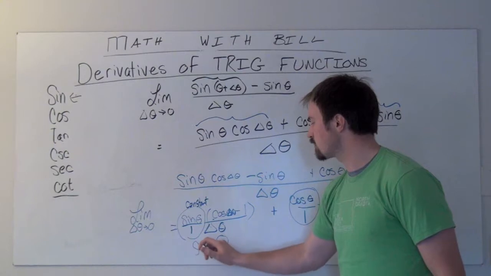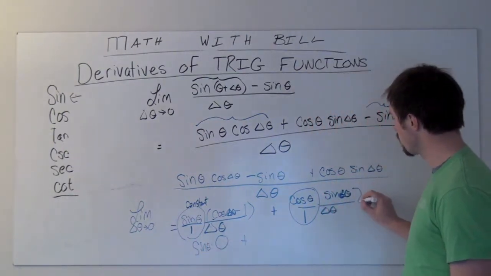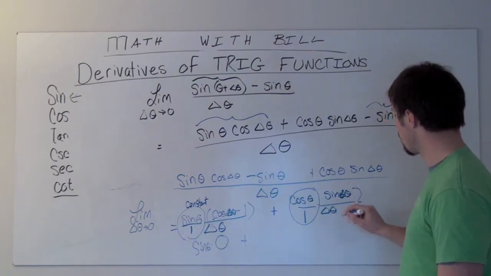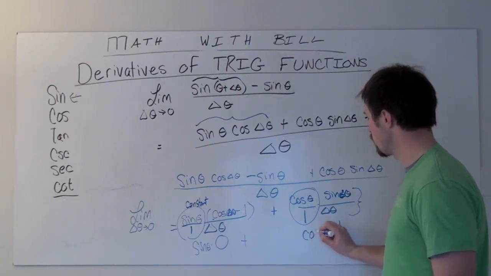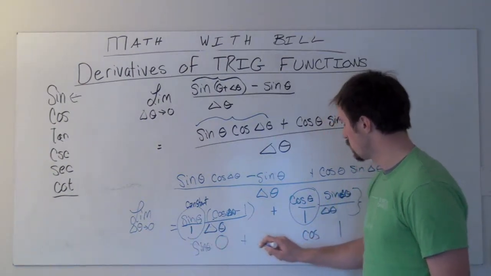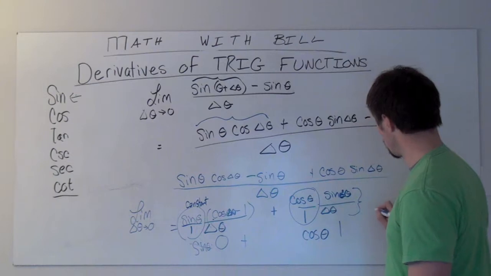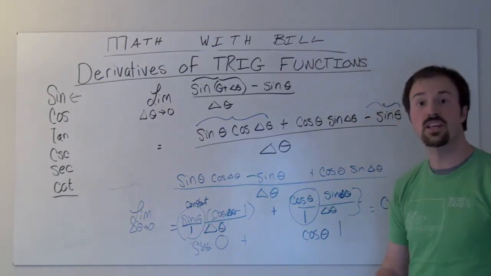So it'll be 0 times sine theta plus, and the limit of the sine of delta theta compared to the change in theta is actually 1. So it's cosine times 1. Sine times 0 just becomes 0, plus cosine of theta times 1. So our limit is cosine of theta.